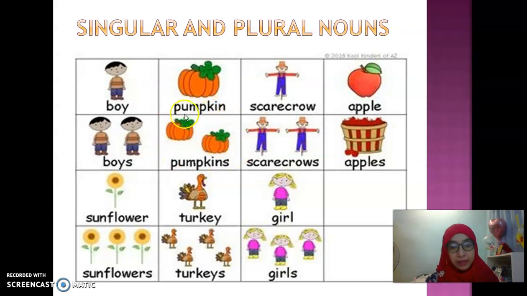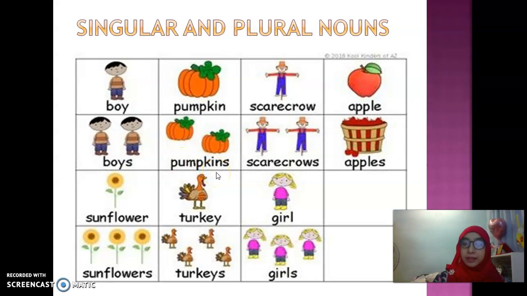Now let's look at the picture below it. It's also pumpkin, but we have two pumpkins. One pumpkin. Two pumpkins. All right.